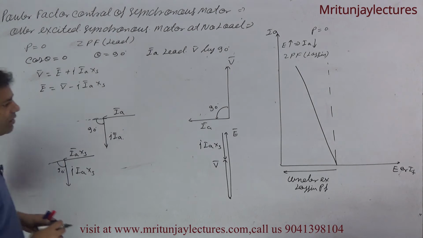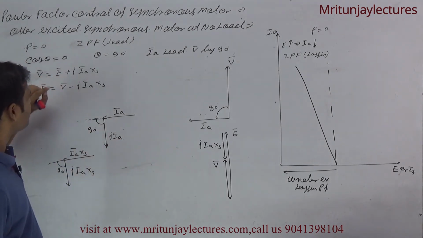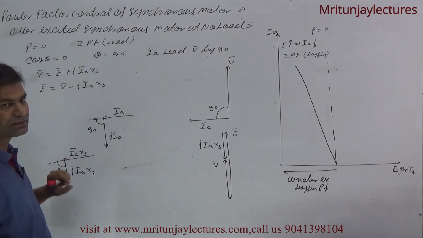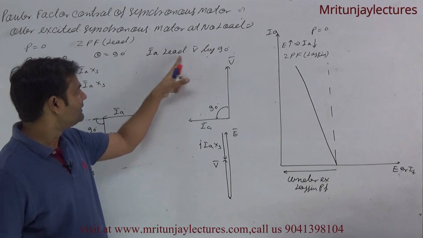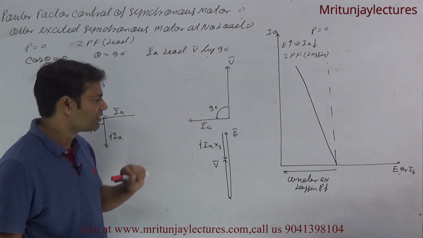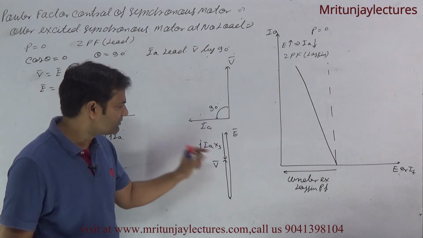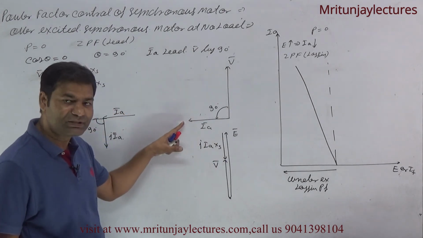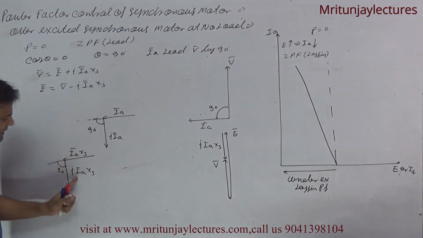How to draw corresponding to this one? V is equal to E plus J into IA into X. This one represents a phasor. IA leads V, that's why I represent it here. If E is corresponding to this one, then what about J IA into X?